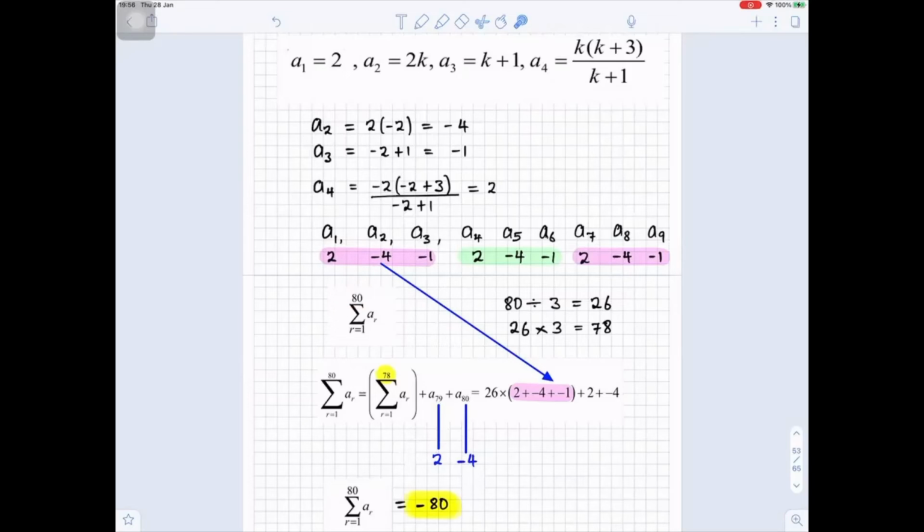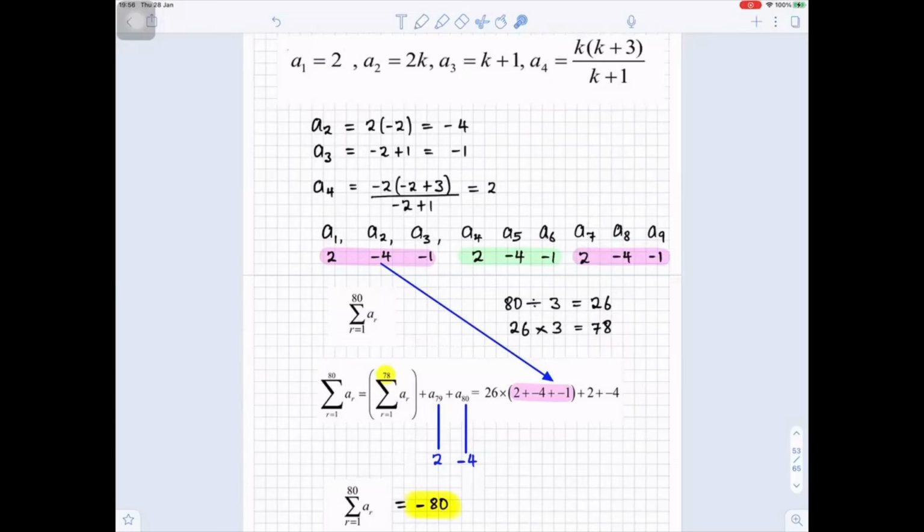We want to go up to 80. That means it's going in groups of 3, but how many 3s go into 80? So 80 divided by 3 is 26, remainder 2, because 26 times 3 is 78.